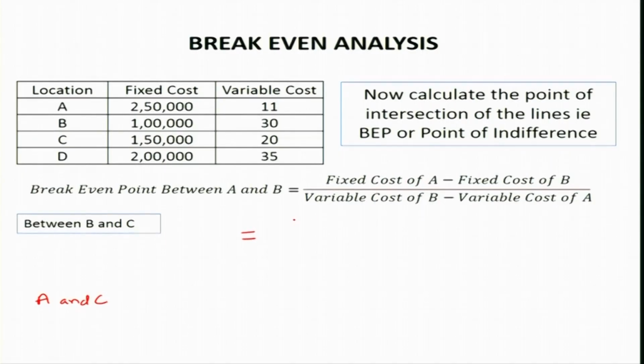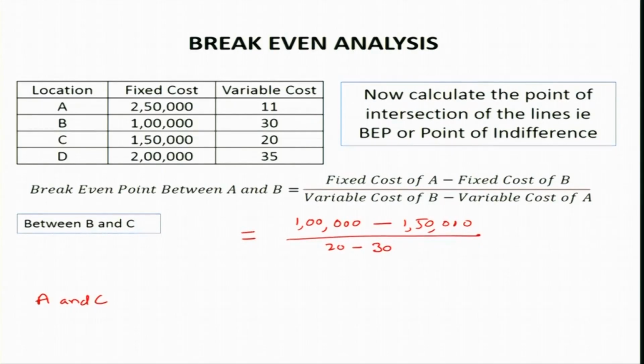Fixed cost of B is 1 lakh, fixed cost of C is 1,50,000, divided by variable cost of C, that is 20, minus variable cost of B, that is 30.